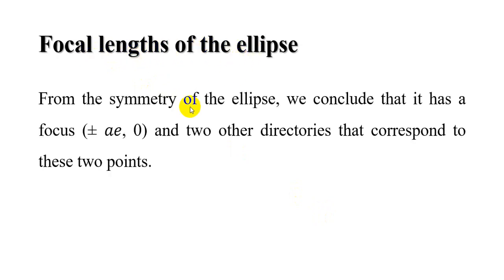If we wanted to get the focal length of the ellipse, from the symmetry of that ellipse we conclude that our focus is at (ae, 0), and 0 is y. So that means that we are talking about a horizontal ellipse, not a vertical one.